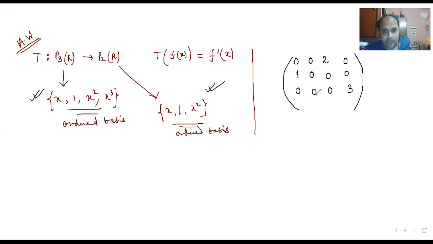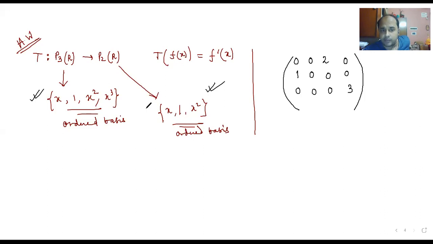But how can we write it in terms of x cube? How can we write twice x in terms of x cube, 1 and x square? Why should I write twice x in terms of 1? You are missing something.